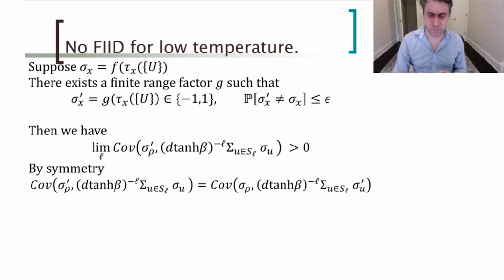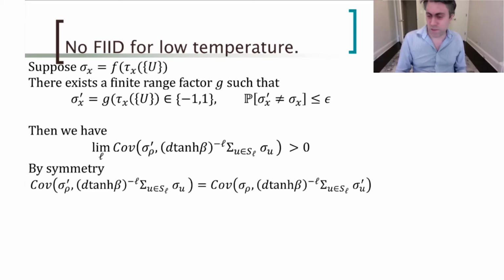Well, the sigma primes have very short range dependence. So they're based on just the random variables within distance r. And so if you take u and v that are distance more than 2r apart, sigma prime of u and sigma prime of v will be independent of each other, and so have covariance 0.